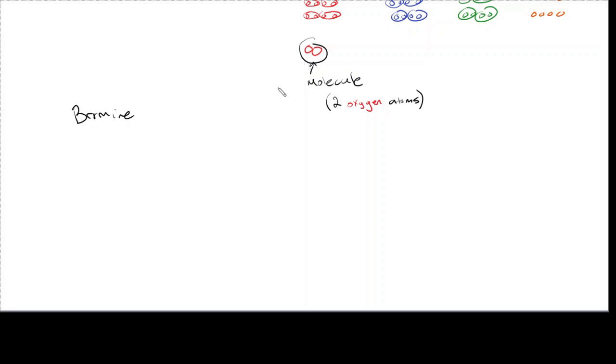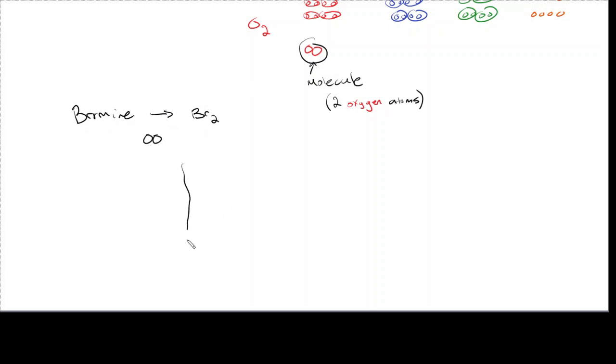So bromine also likes to pair up, like we saw oxygen does. So you'll see bromine will pair up like this, and we write that down on paper as Br2 with a little subscript 2. Same way oxygen would be called O2, because there are 2 oxygen atoms for every molecule, so too for bromine, there are 2 bromine atoms for every molecule.